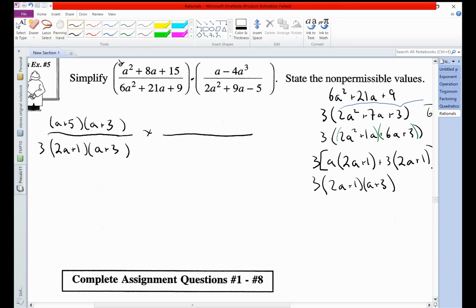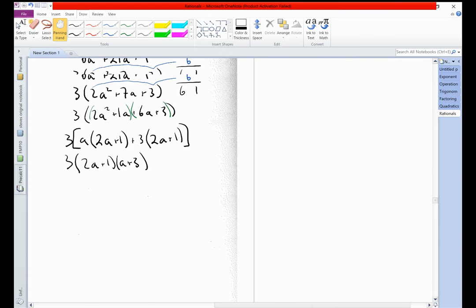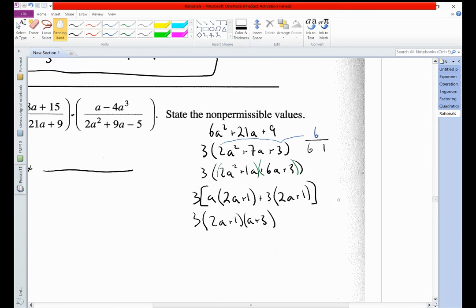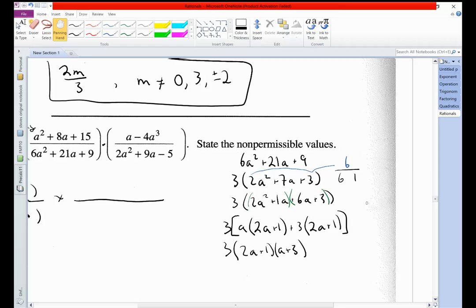So in the top of the second term, we have a minus 4a cubed. So I'm going to just factor that up here, a minus 4a cubed. So I can factor an a out, and I'm left with 1 minus 4a squared. And then you can see that that binomial is a difference of perfect squares.